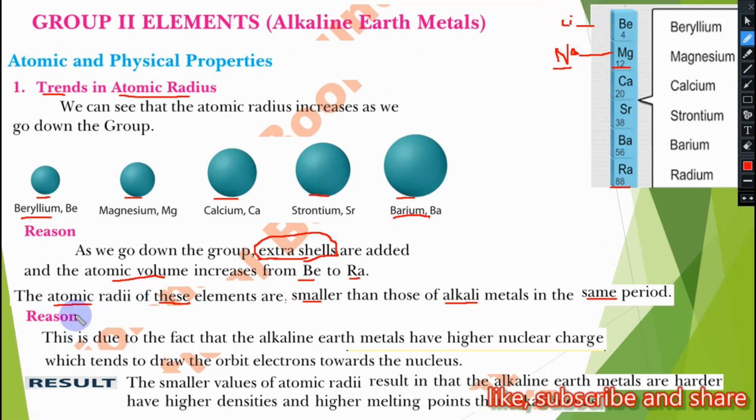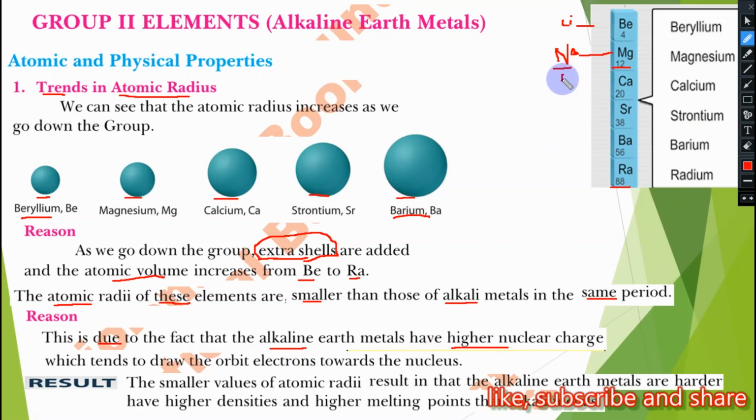Now, this is the second question: why are the atomic radii of these elements smaller than those of alkali metals in the same period? The simple reason is that alkaline earth metals have higher nuclear charge. As we move across the period in the periodic table, nuclear charge increases.